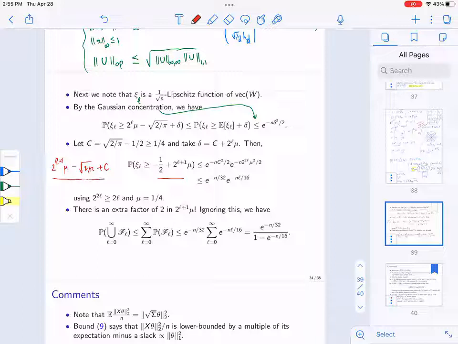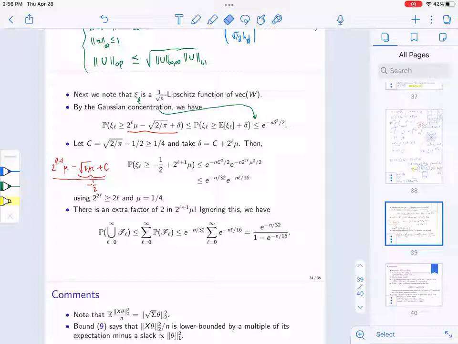So let's say this is that. That's this guy after we plug in delta. How do I get it? C is equal to root 2 over pi, positive, so that cancels with this, and then we just have the extra factor. Okay, good. By definition, I get this. There is no inequality here.